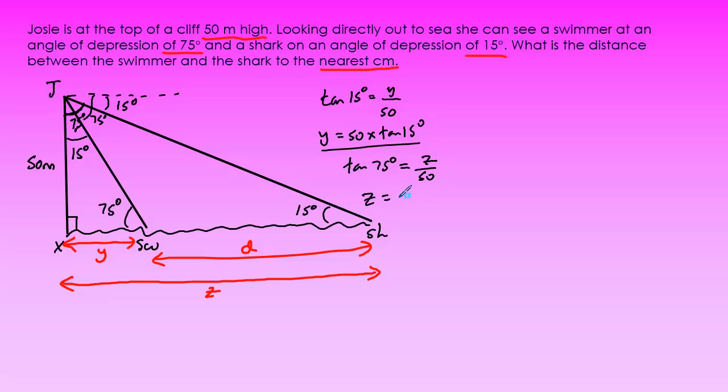So Z is going to be 50 multiplied by tan 75 degrees. Again, no need to work that out here. The distance that we want is going to be Z take away Y, and we can calculate that.